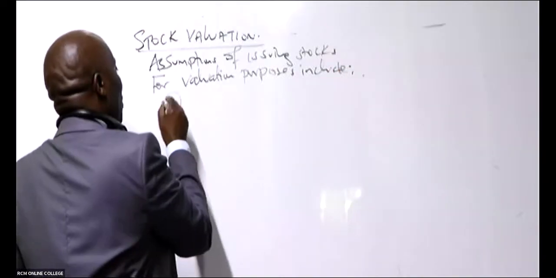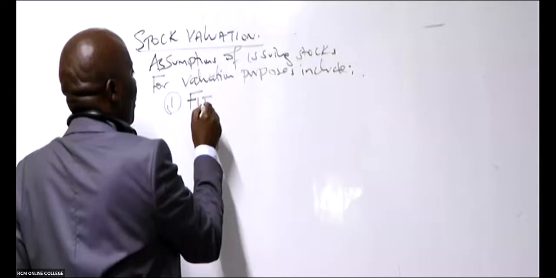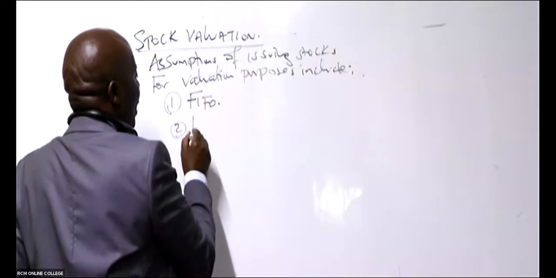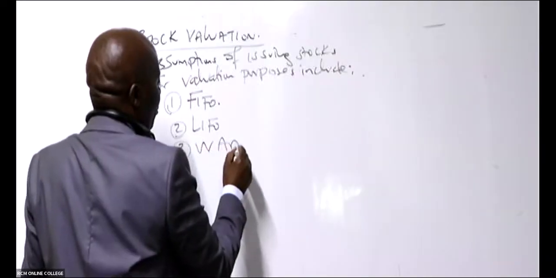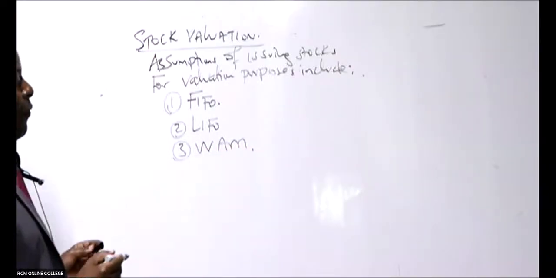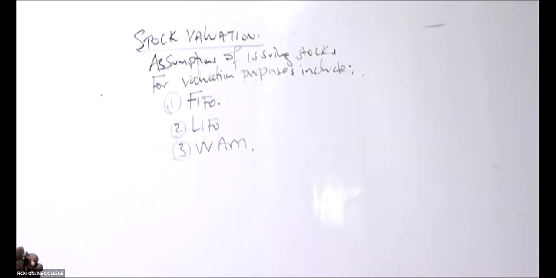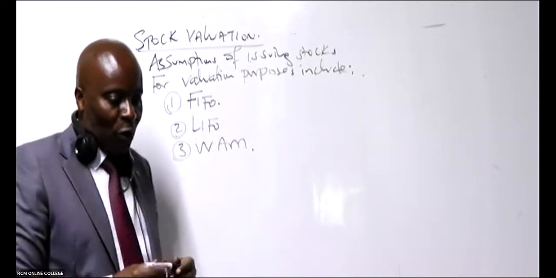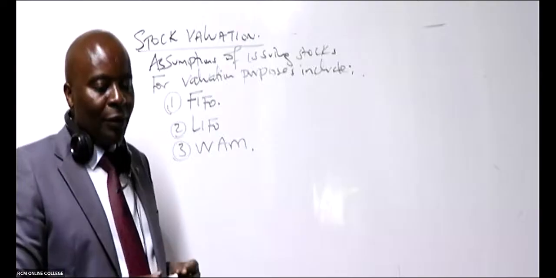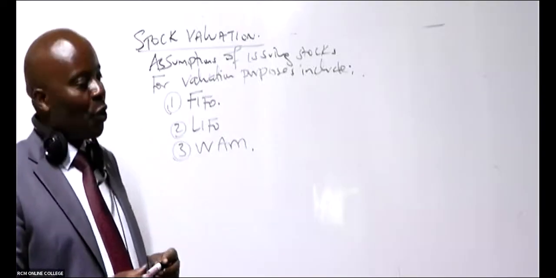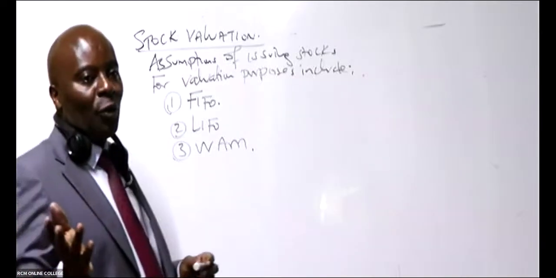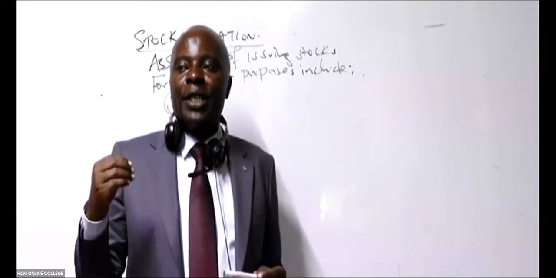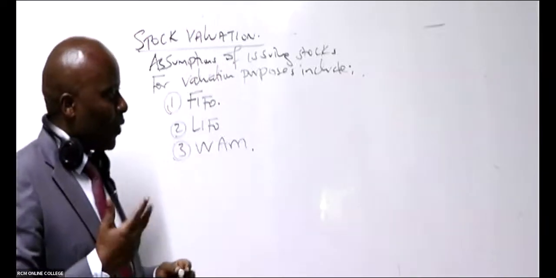They include number one, FIFO. Number two, LIFO. Number three, what we call WAM. So we have FIFO, LIFO, and WAM. FIFO is first in, first out.